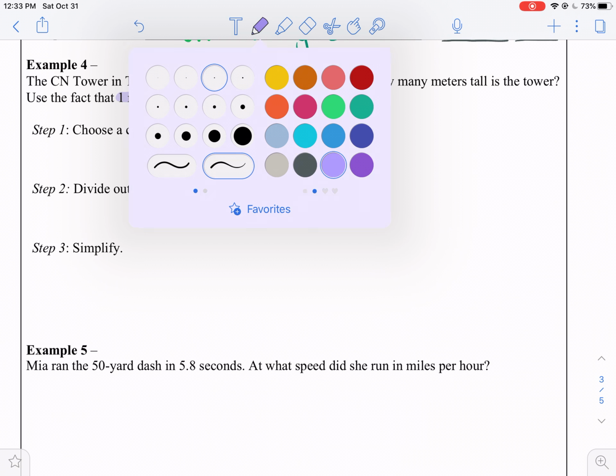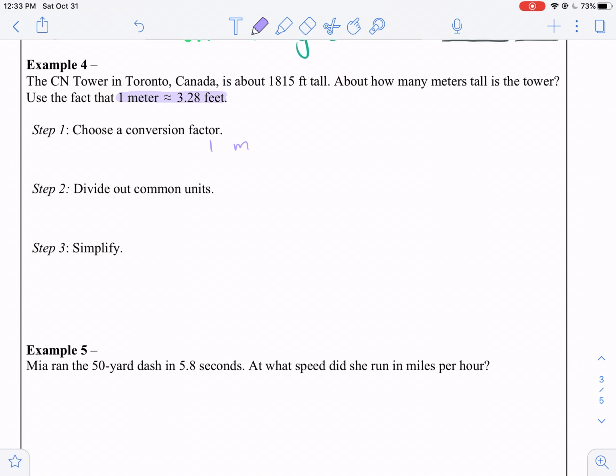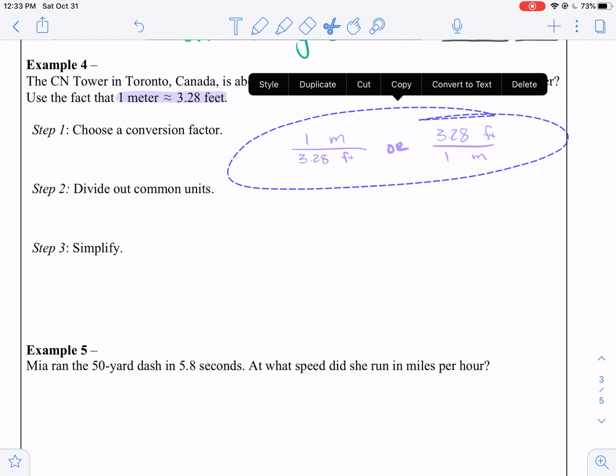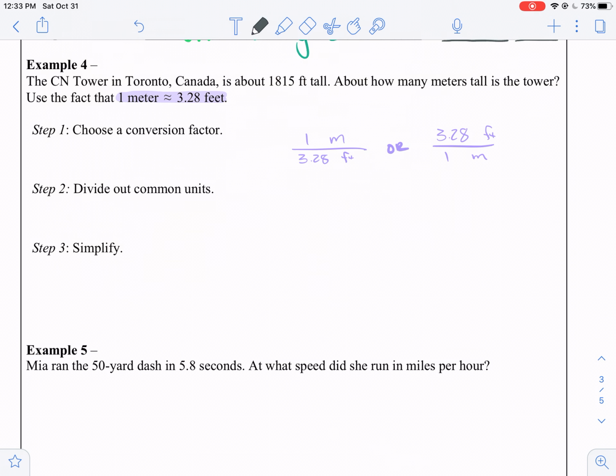We're either going to say 1 meter over 3.28 feet, or we'll use 3.28 feet over 1 meter. How do we know which one is better to use for this problem? Well, let's see what we're starting out with. We're starting out with 1,815 feet tall. Sorry, I meant to do this kind of thing, but this works out well. We have 1,815 feet is what we start out with.